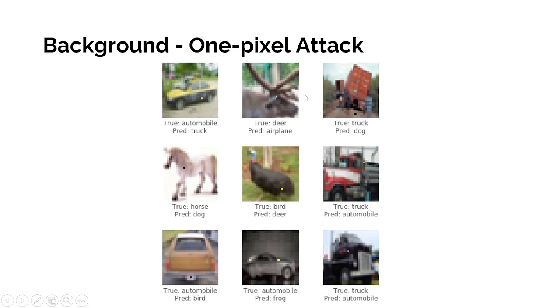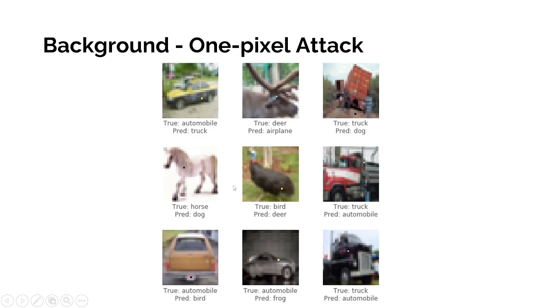Or like this, when we just change a pixel of this image, we can make the deep learning model make a wrong prediction from deer to airplane and others. If we make only 1 pixel difference in this image, we can make the machine learning model make a wrong prediction from automobile to bird.